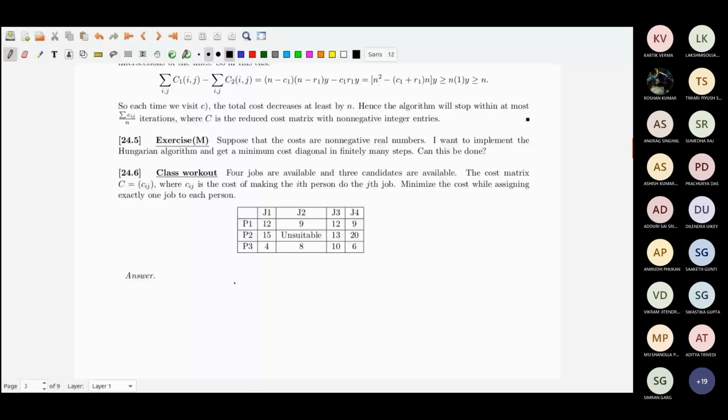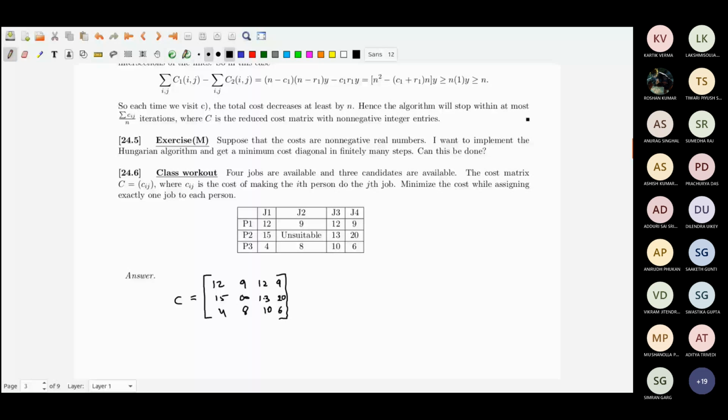It is 12 9 12 9, 15, you put infinity or a capital M or something like that, 13 20, 4 8 10 6. That is C, and I have to get 3 stars out of here, while minimizing the cost.